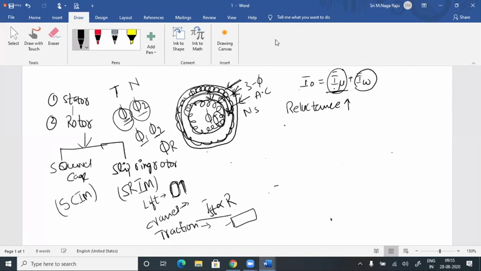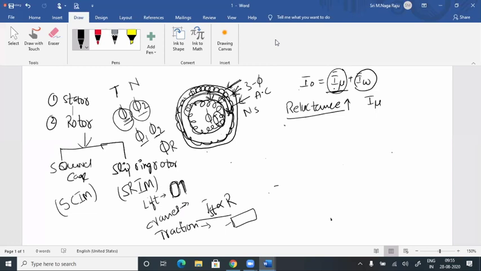Reluctance is the property of the magnetic circuit which opposes the magnetic flux. So reluctance is more, opposing nature is more. To overcome that opposing nature, the stator winding has to draw more magnetizing current, to produce the constant working flux in the air gap. If this air gap is less, reluctance is less, and less magnetizing current is enough.